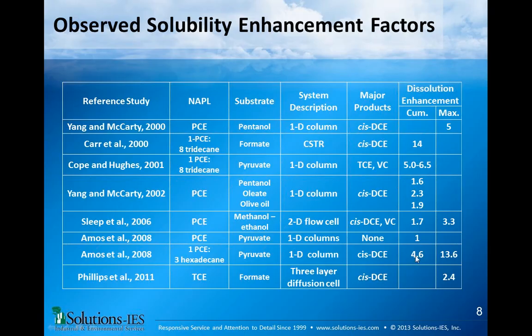So you can see these kind of numbers. In some cases you could get really high maximum improvements. Ben Amos got up to 13 for the maximum, but typically we're seeing cumulative remediation improvements of anywhere from 2 to 3, maybe 4. So, good improvements, but not giant improvements.